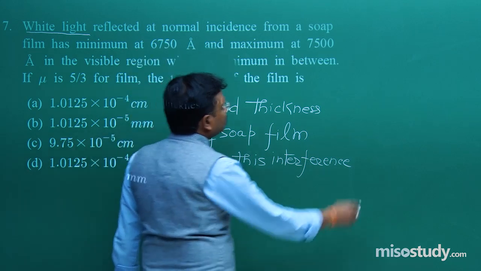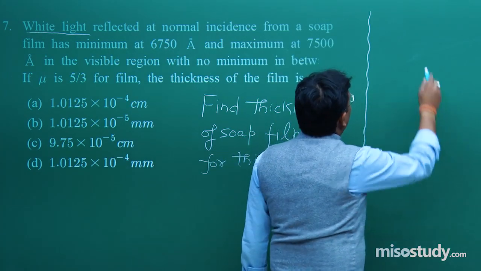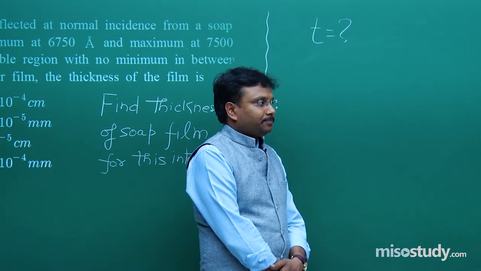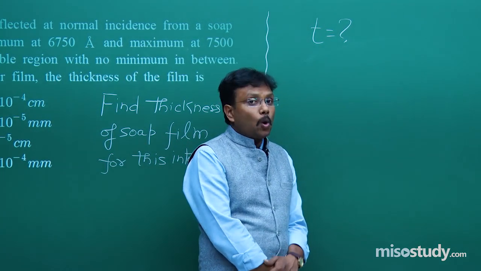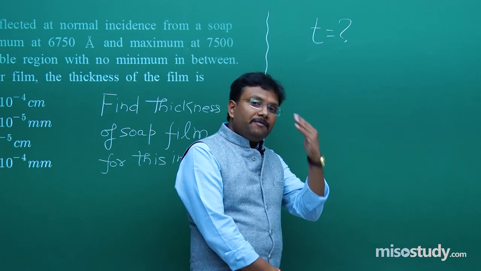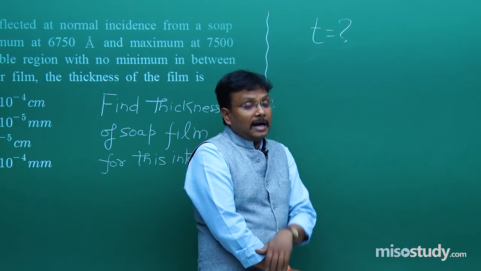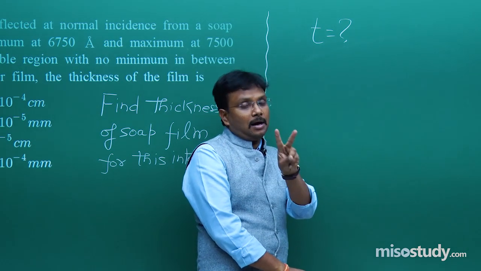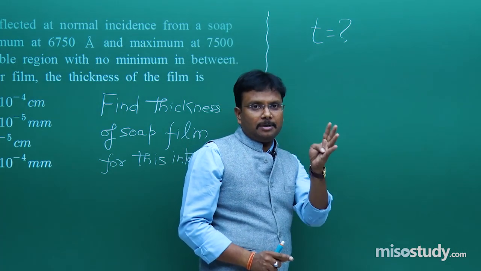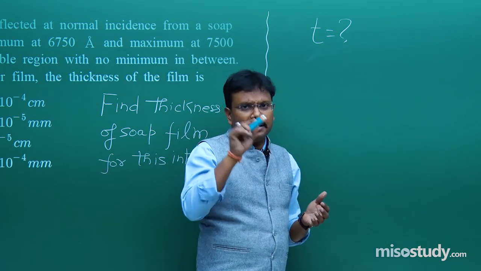Now this question, if you are not in a position to recall the formula, you will not be able to solve it. Even in my previous videos of these types of problem discussions, I mentioned specifically that in this chapter there are two main aspects, interference and diffraction, and there are just four formulae, for maxima and minima. So at least you should try to retain these formulae by writing, and do some practice.